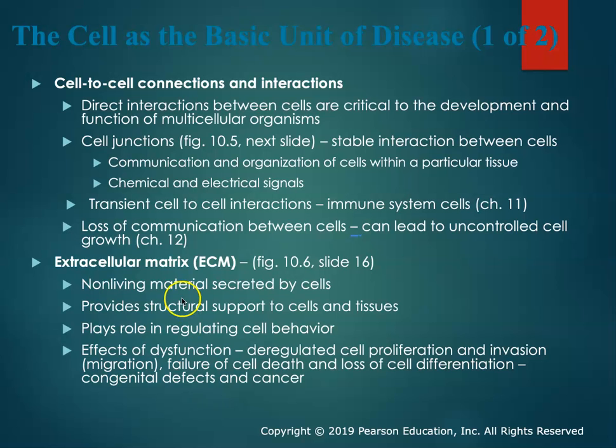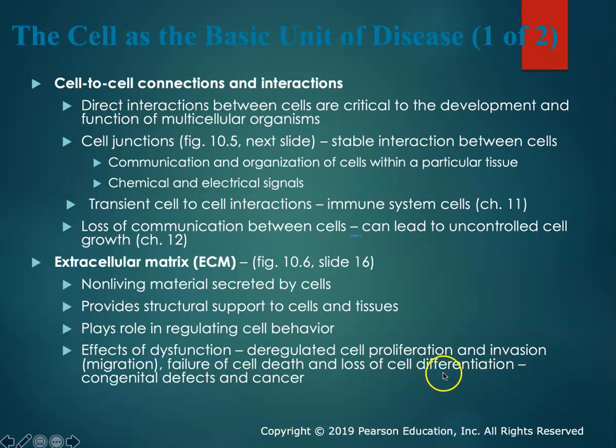So for extracellular matrix, you should understand what dysfunction of the extracellular matrix leads to. It's going to particularly affect these processes that are listed here. So again, it says failure of cell death. When you think about cancer cells, these are dysfunctional cells that should go on to die, but they don't, and they then create more and more problems.